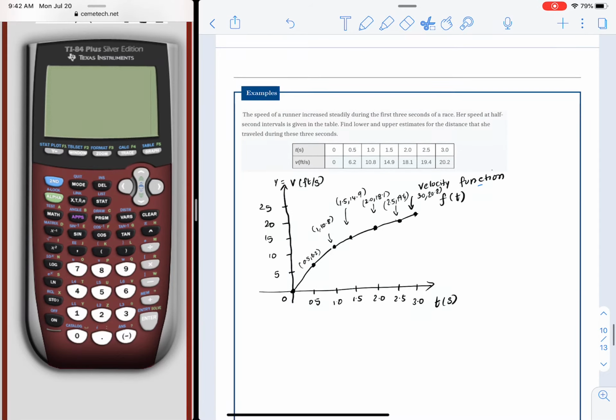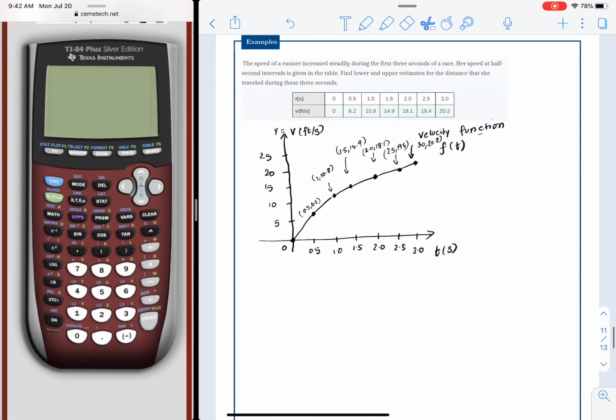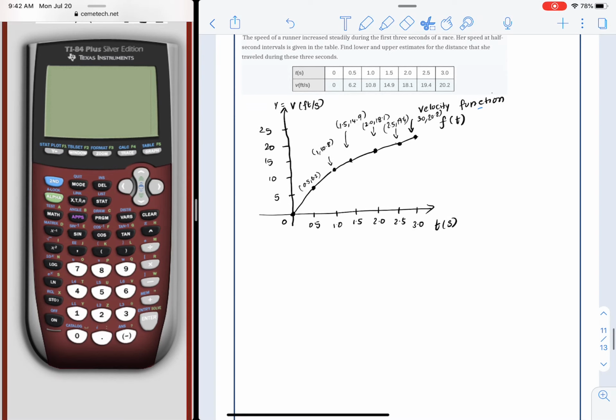So they want us to find the lower and upper estimates for the distance. So let's start with the lower estimate. So these are our endpoints for each rectangle, which would be our sample points.